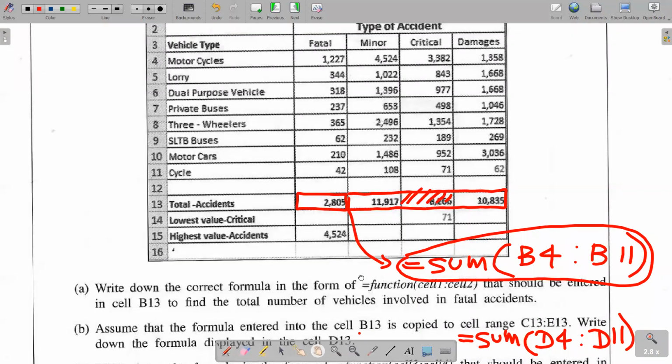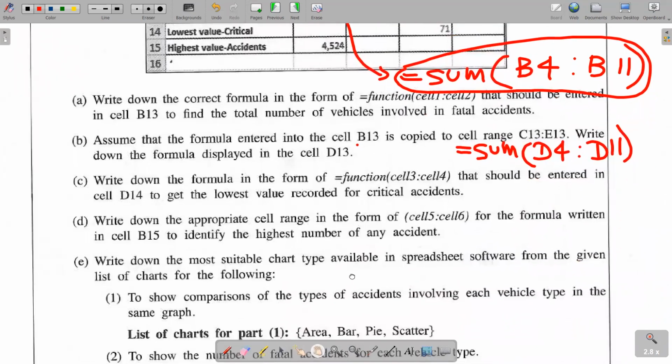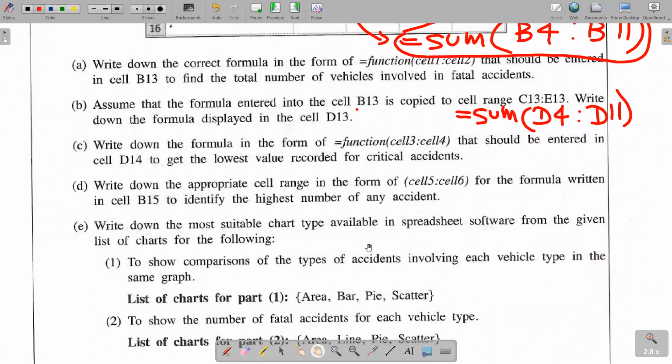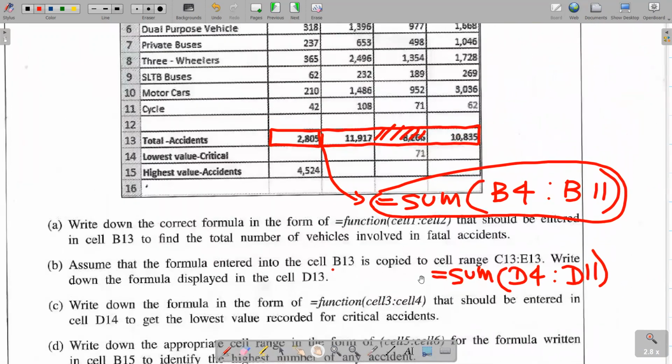Right, moving forward, part C is asking, write down the formula in the form of equal function cell 3 colon cell 4 that should be entered in the cell D14 to get the lowest value recorded for the critical accidents. D14 means here.